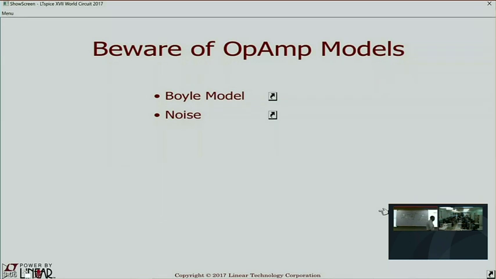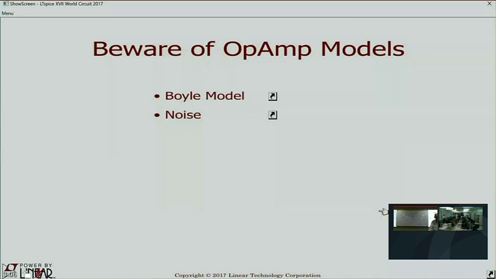Now, to solve this problem, there was a gentleman by the name of Boyle, and he advocated a methodology on how to make an op-amp. He had good intentions, but his papers on modeling op-amps are one of the biggest disservices to the electronics industry ever. There is nothing particularly correct about the Boyle model.